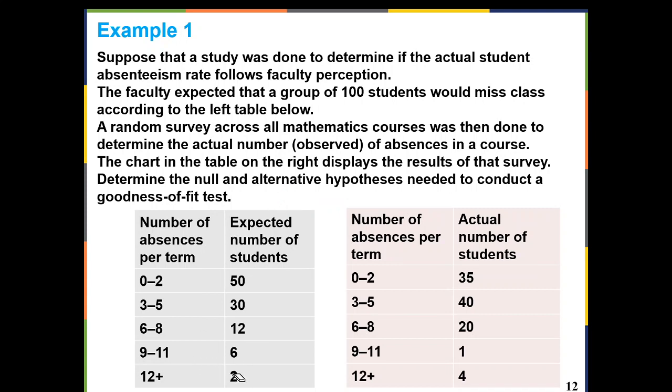We're going to combine these last two together and make a category called 9 plus. So 2 plus 8, we put 8 here and make this 9 plus. And 4 plus 1, we make this 5 and make this 9 plus, in order to be able to do the test.